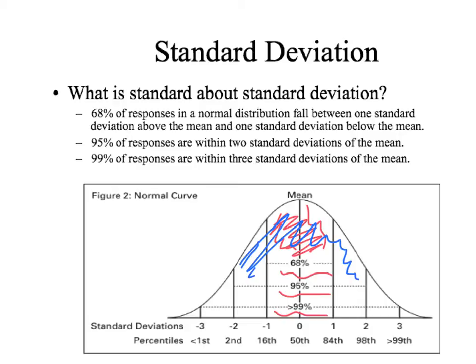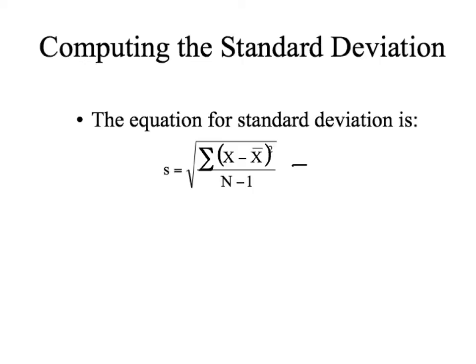So this is a bigger, broader area here. And then we know that 99% of all respondents are going to be within 3, or actually 2.58 standard deviations of the mean. And so only this little tiny bit is not within 3 standard deviations of the mean. This is going to be really helpful later on, and you'll see where we're going to use the standard deviation later in the semester.